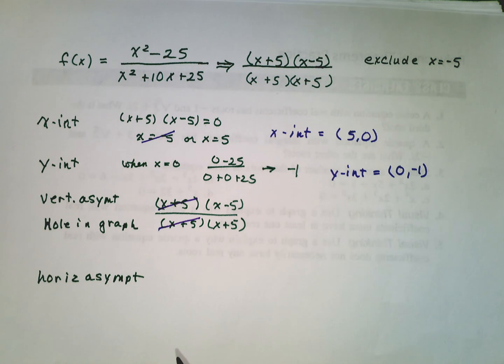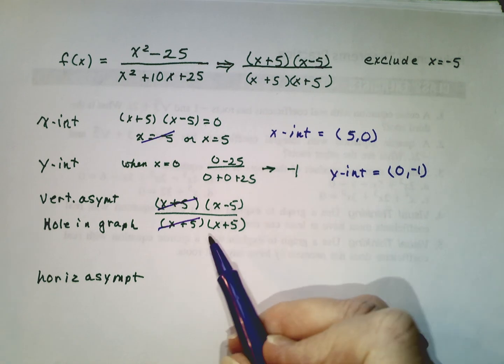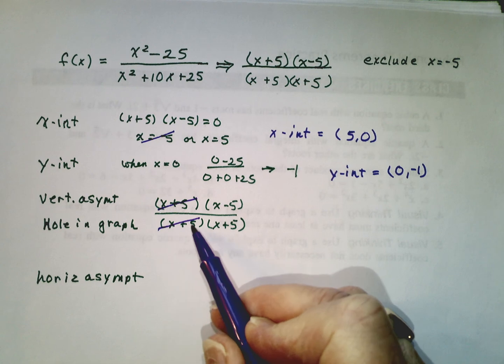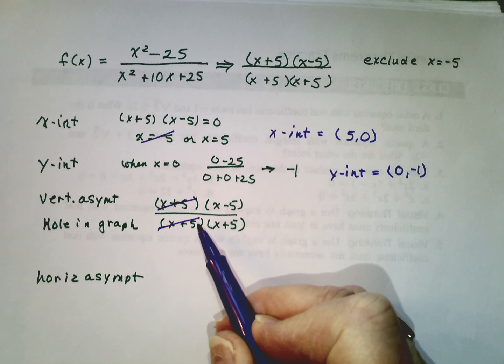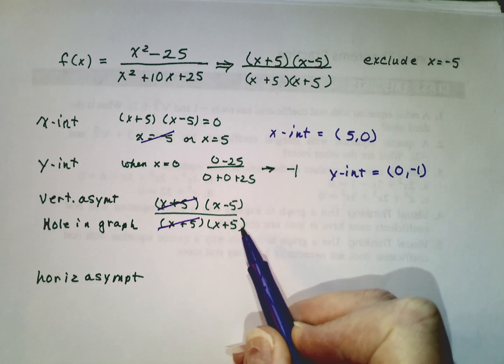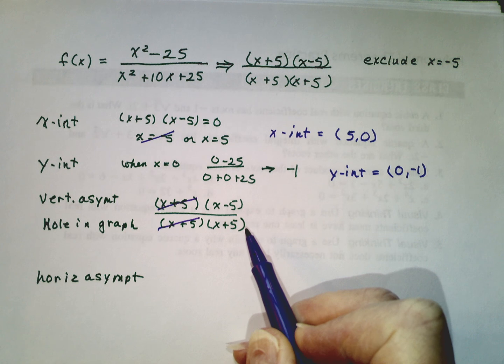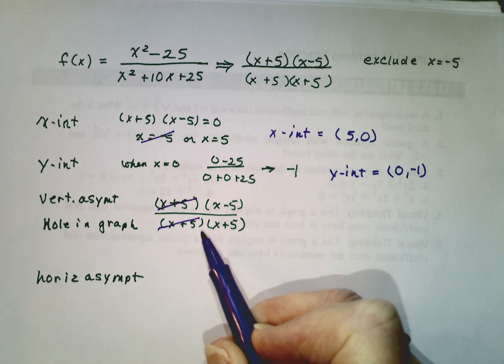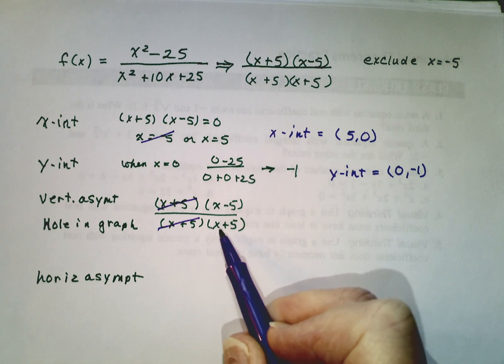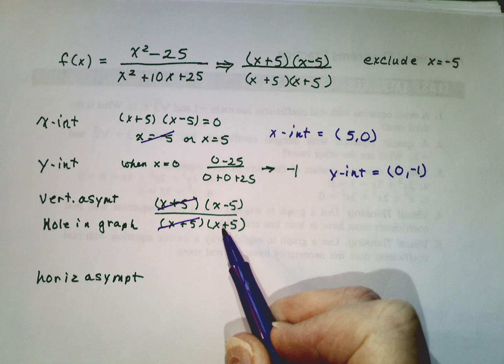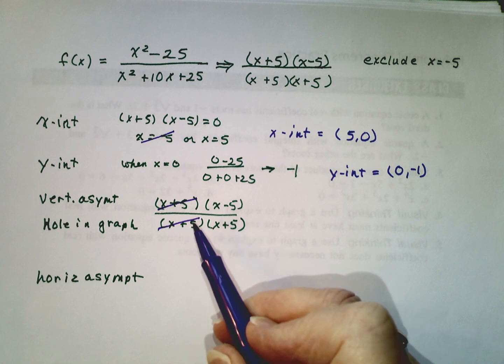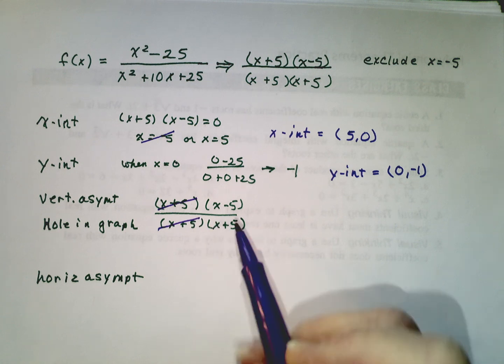Alrighty. So even though this factor of x plus 5 canceled out, we still have a factor of x plus 5 in the denominator. So this is not going to be a hole in the graph because it canceled out once, but it's still sitting there.